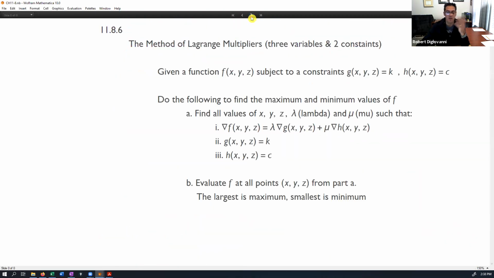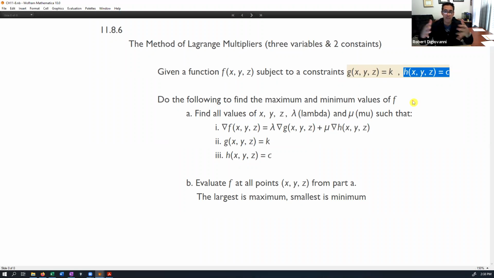Lagrange can actually be extended even further, where if you have a function of 3 variables, instead of having 1 constraint, you can have 2 constraint equations.